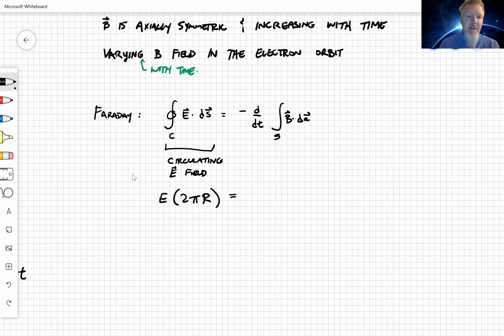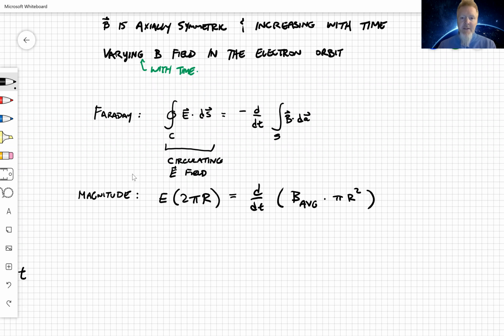I'm also concentrating on the magnitude only, so I'm just going to drop the minus sign. I'm going to get d by dt, and I'm just going to call this an average B. There's an average B inside here. I don't want to go through the whole thing about figuring out what the function of the B field is through here.